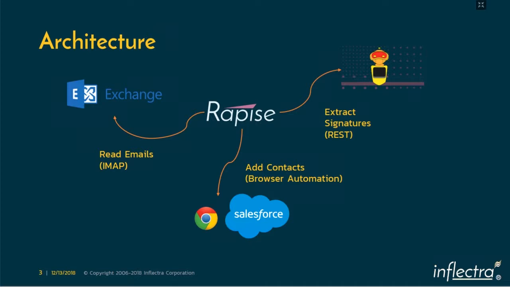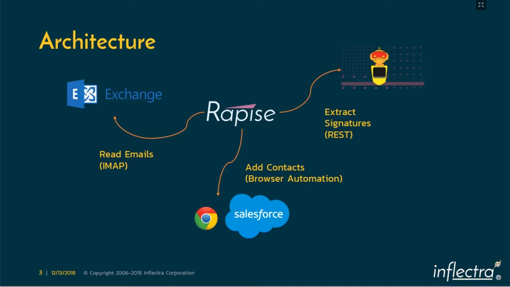So here is the architecture of the solution that we will build today. So Rapise is in the middle. We'll be reading emails from Exchange through IMAP protocol, and we'll be extracting signatures by calling a third-party service using REST API.